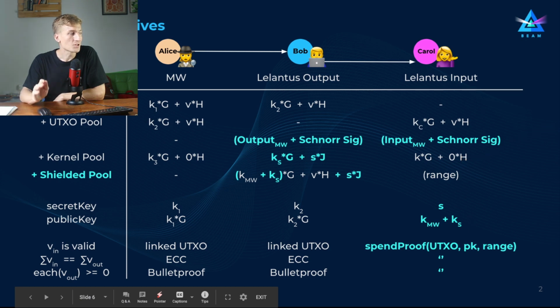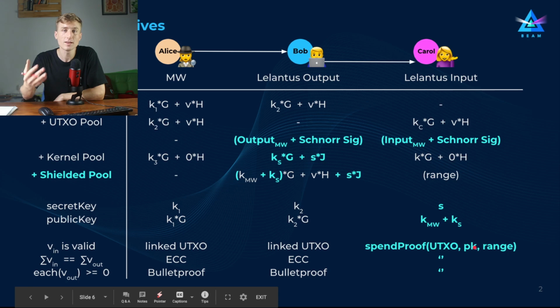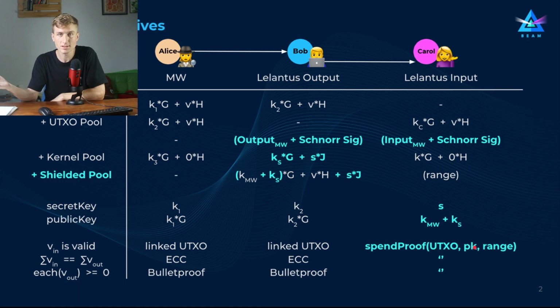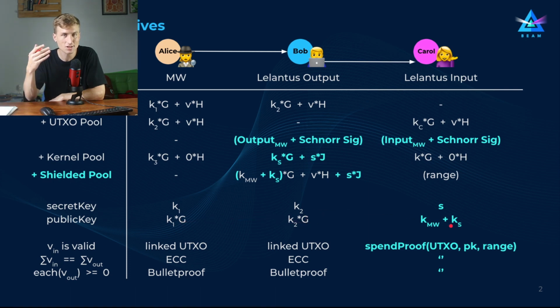Okay, something that was very important to the Beam implementation here was that the public key, or basically the information that is revealed publicly in order to validate the transaction, is the same type of information. It's K values, right? So it's the same type of information as in the past. And what this allows basically is for this to coexist very peacefully and workably with base Mimblewimble transactions on the same blockchain.